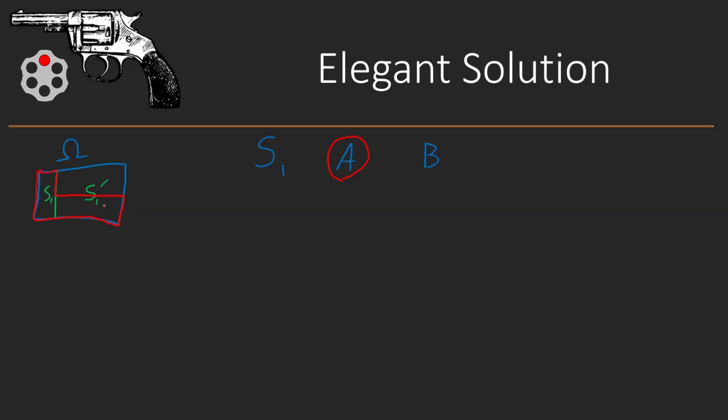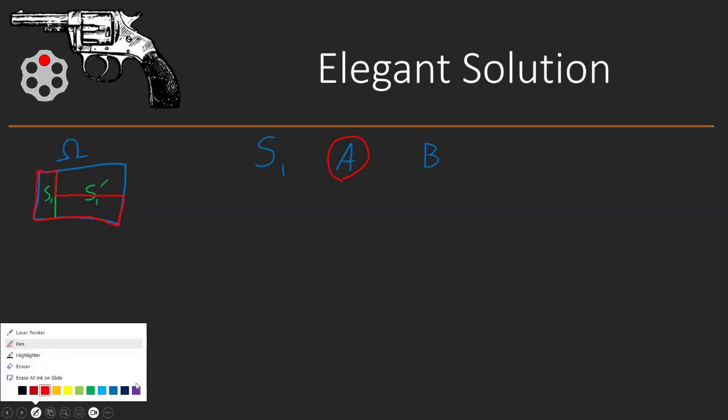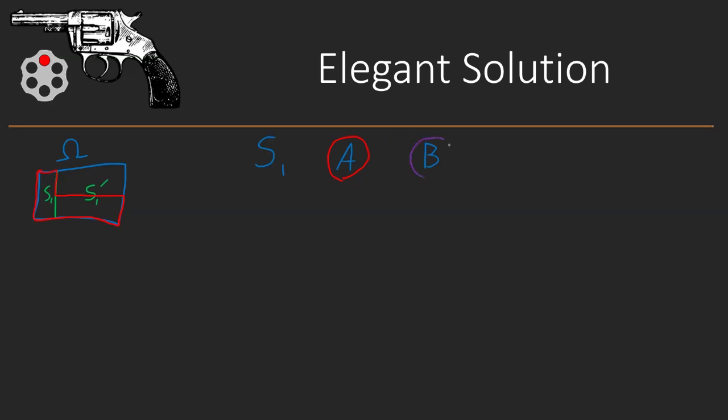Because shot 3, shot 5, shot 7, etc. are all in S1 conjugate, and they all lead to duelist A dying. Then we need another color. Let's take purple. So B is now this remaining part here, and it's entirely contained within S1 conjugate. And of course, there's no overlap between these 2 parts because duelist A and duelist B cannot die simultaneously.